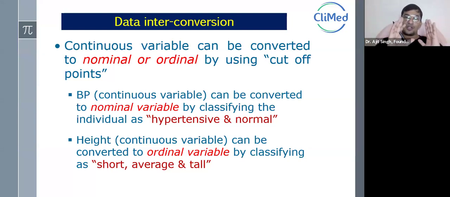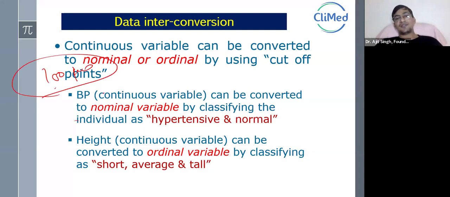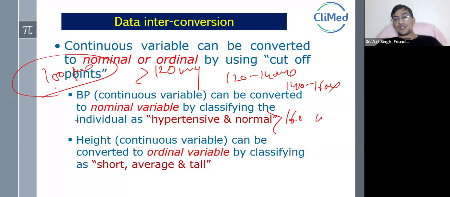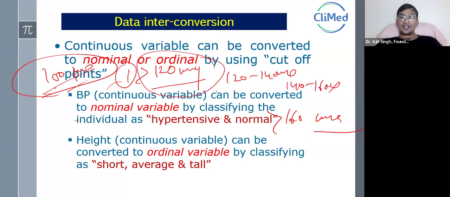Now I'm talking about blood pressure readings for 100 people. If I ask you to describe these 100 patients, who has less than 120 mmHg, who has 120 to 140, who has 140 to 160, and who has more than 160 mmHg, you will check the blood pressure, divide, and this is rank 1, rank 2, rank 3, rank 4.